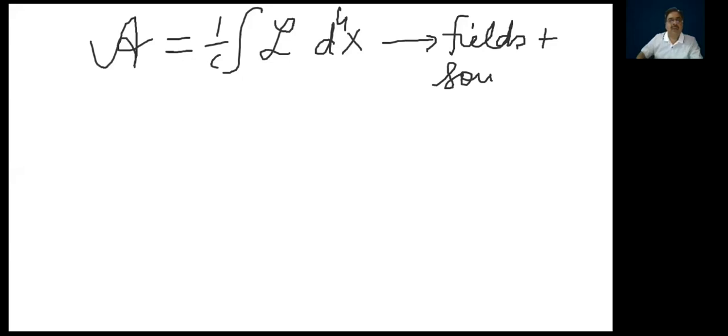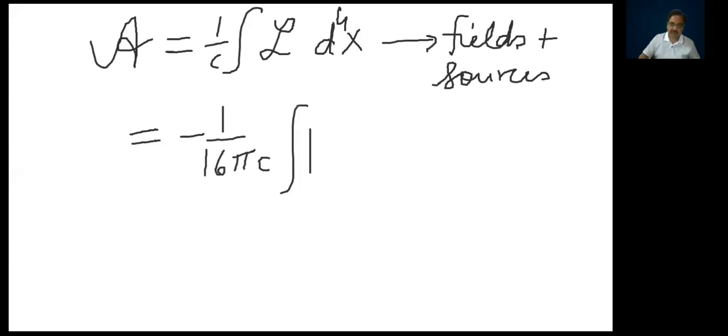Okay, so you can break it into two parts again, and then you can write it again. That is minus 1 over 16 pi c and Fik Fik and d4x.